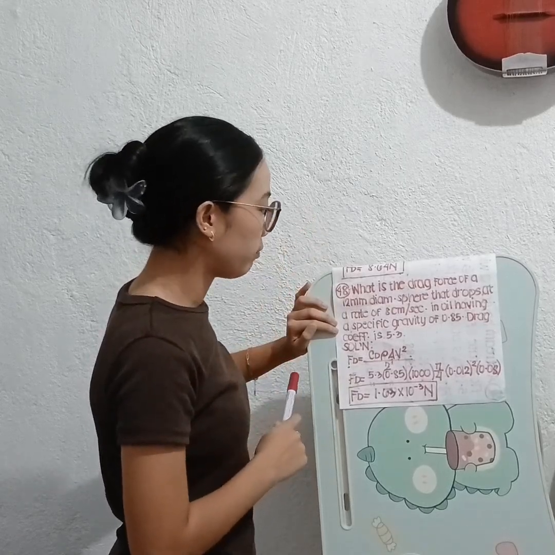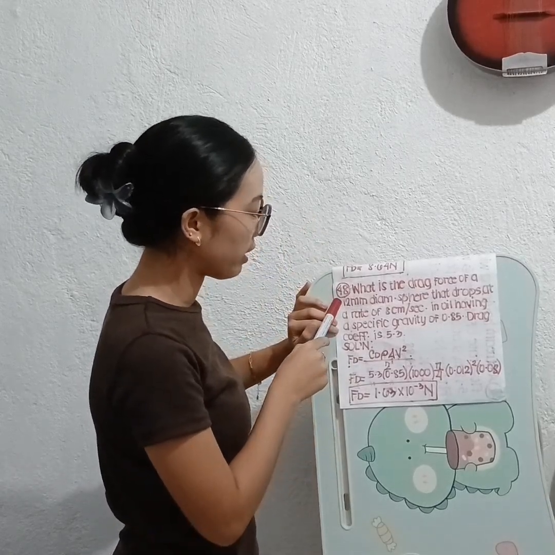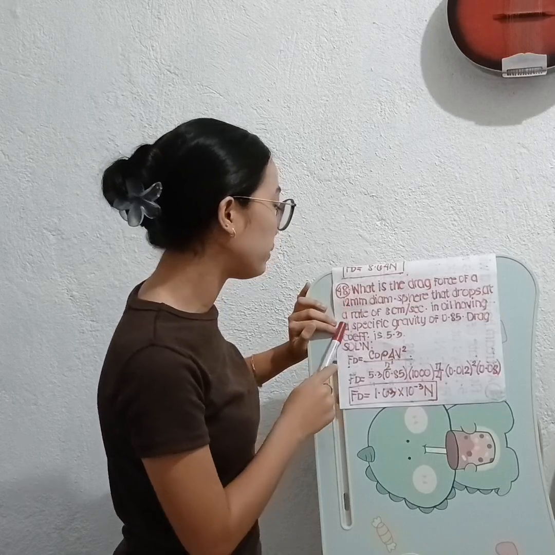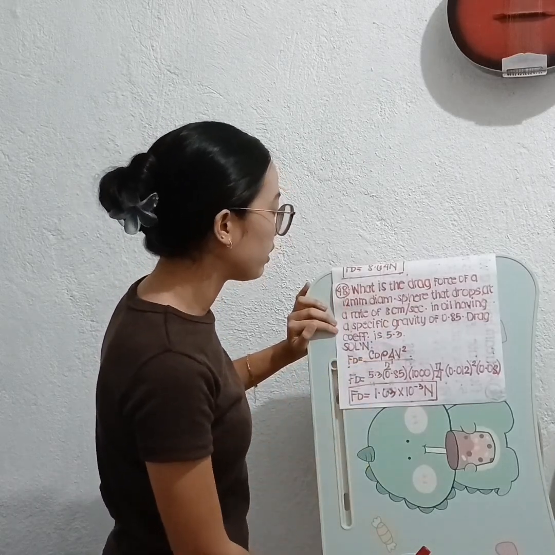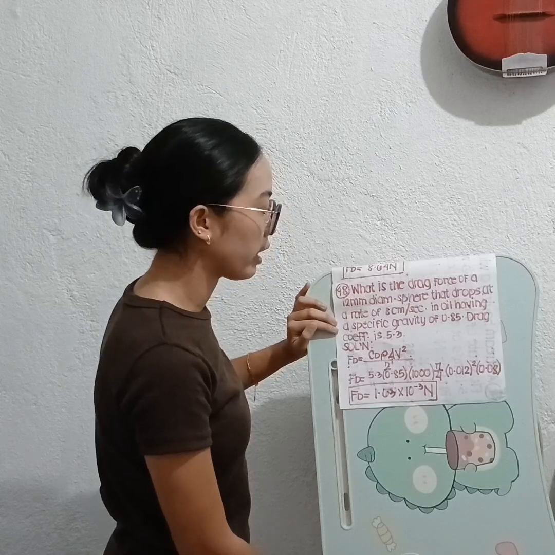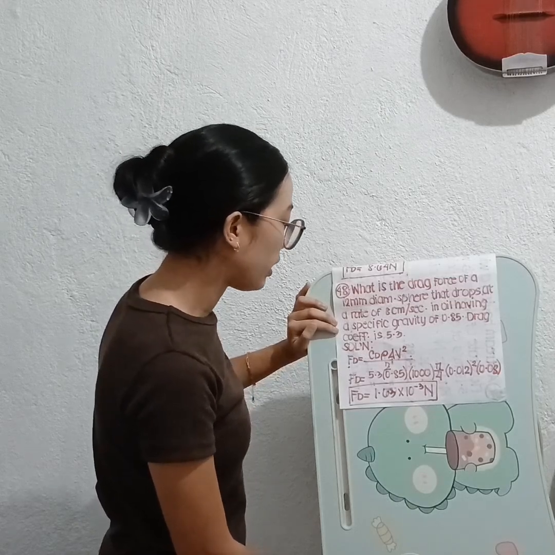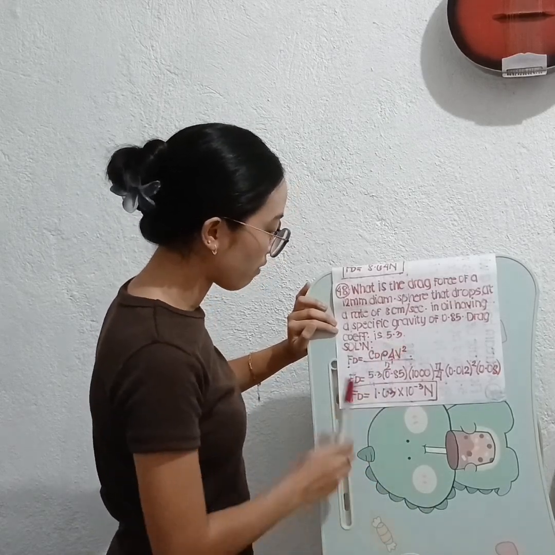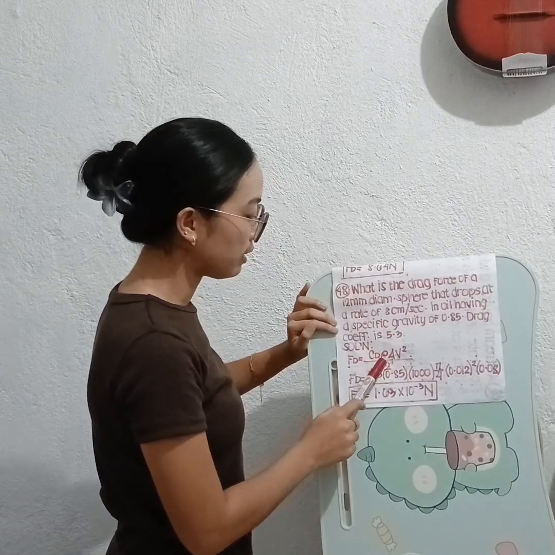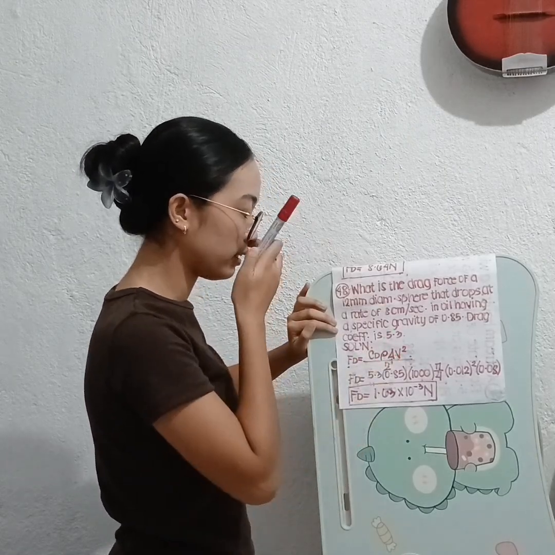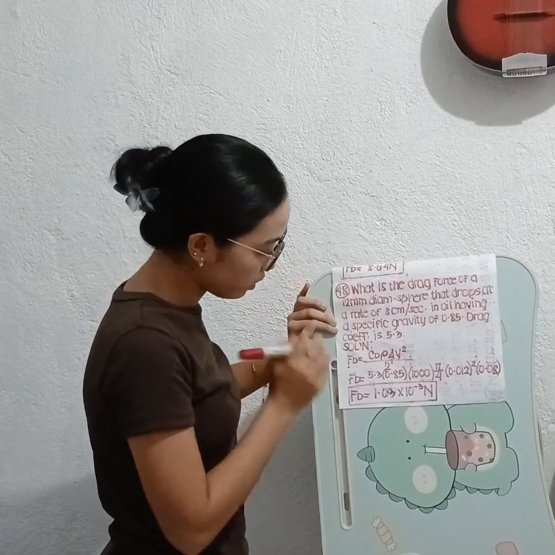What is the drag force of a 12 mm diameter sphere that drops at a rate of 8 cm per second in oil having a specific gravity of 0.85? Drag coefficient is 5.3. So we have FD is equals to CD times the density times area times velocity squared over 2.